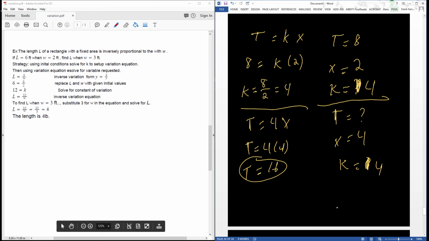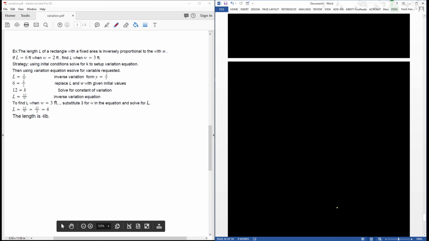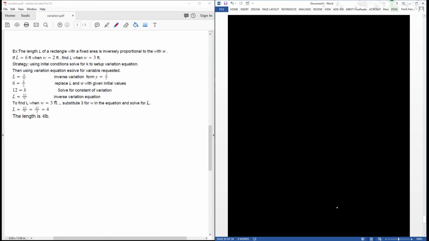All right, let's look at another one. The length L of a rectangle is inversely proportional to the width W. So that tells me that L is inversely proportional to W. That tells me how to set it up when I see that right there.